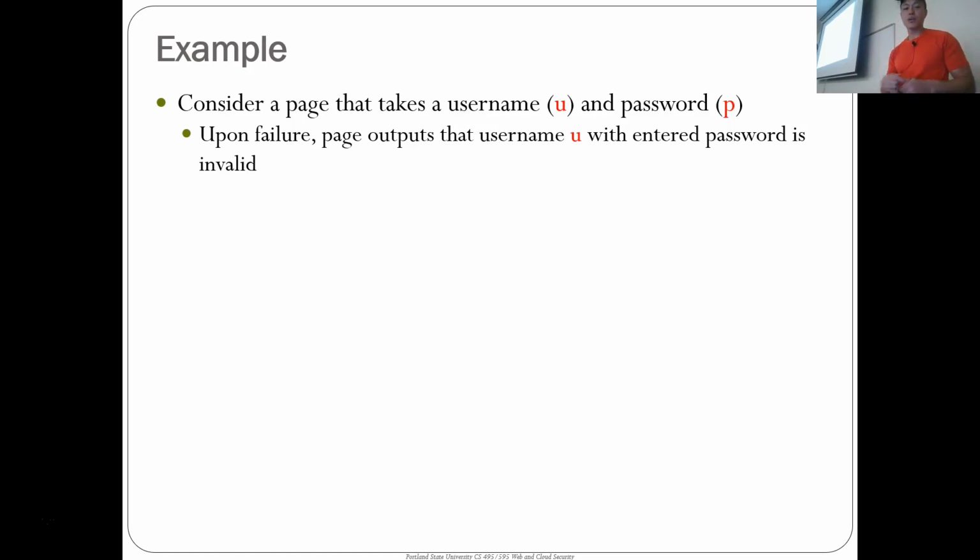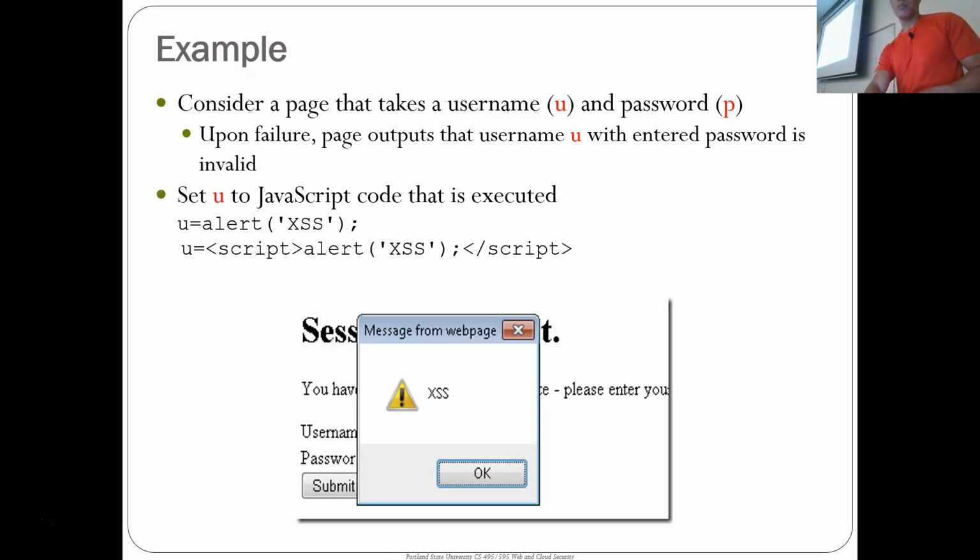One common pattern is that a page takes a username and a password, and then upon failure, the page outputs that that username with that password is invalid. In red is the malicious U. You can set this U to some JavaScript, like alert XSS, which is the way in JavaScript to pop up a window.